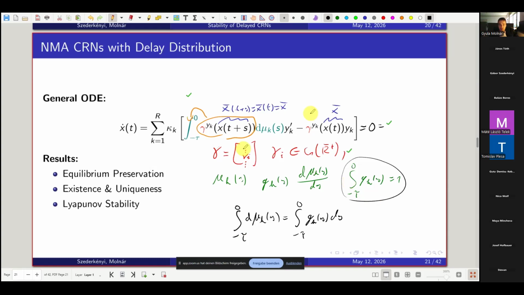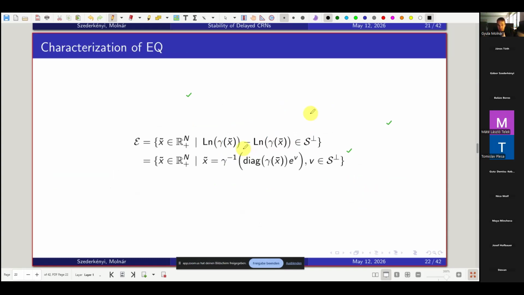That is great, because then we can just take over the already existing expression for non-delayed systems with non-mass action kinetics from the Vagi paper from 2024, and that will be perfectly applicable for us as well. Here we have that in implicit and explicit form. Just leave it here for now. We'll come back to it in a sec.